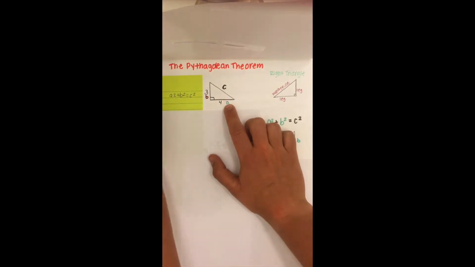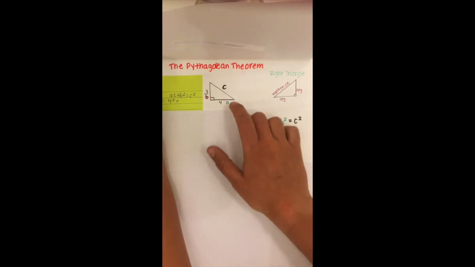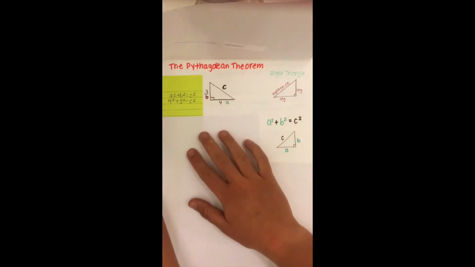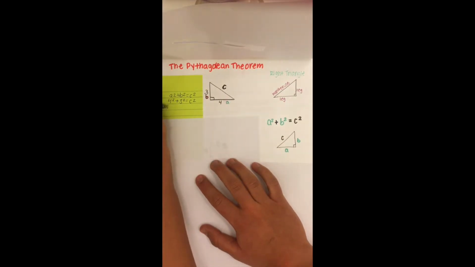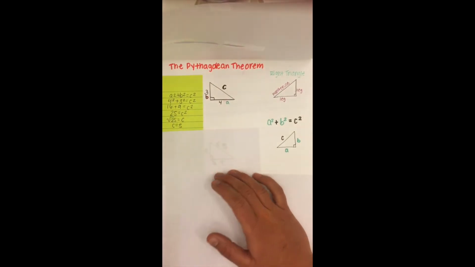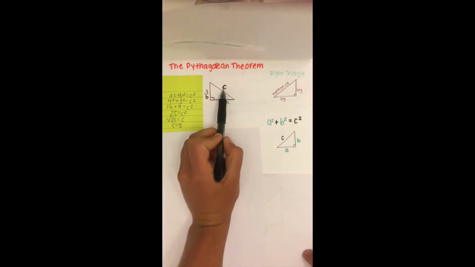I named this side A, so we have 4 squared plus this side B, which is 3 squared, equals c squared. If we solve it, we have 16 plus 9 equals c squared, which is 25 equals c squared. And the square root of 25 equals c, and c equals 5.